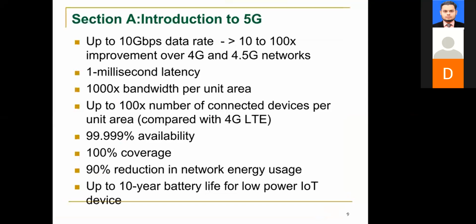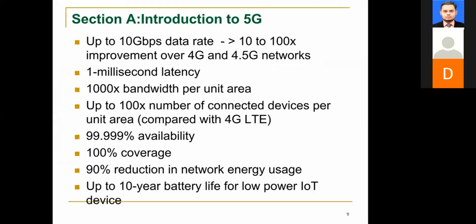Okay, this we already discussed. As we have seen, up to 10 Gbps data rate is possible in case of 5G. This information we already discussed, and for the sake of importance, it has been repeated over here. The latency for 5G is reduced to 1 millisecond.